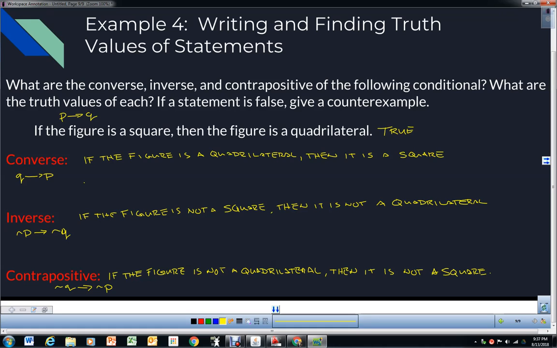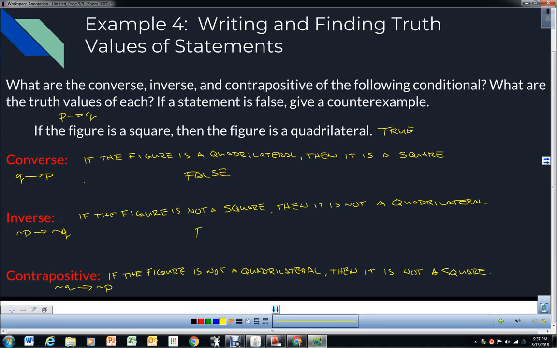So let's see, is this true? If the figure is a square, then the figure is a quadrilateral. That's true. If the figure is a quadrilateral, then the figure is a square. Well, it could be a rectangle, or a kite, a lot of different things, so this is false. If the figure is not a square, then it's not a quadrilateral. Well, it could be a kite, which is still a quadrilateral.